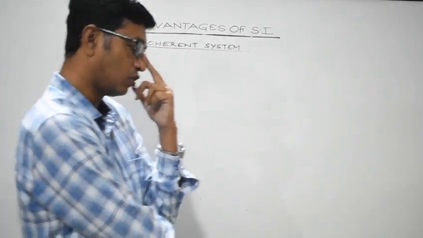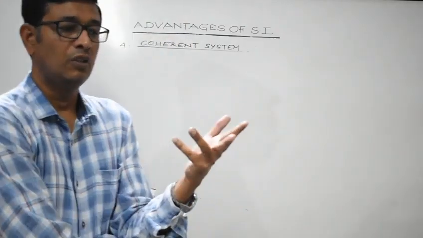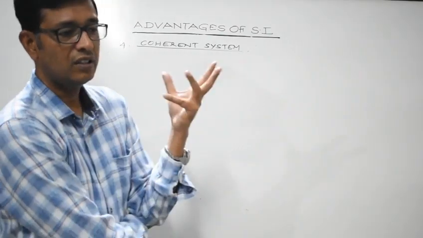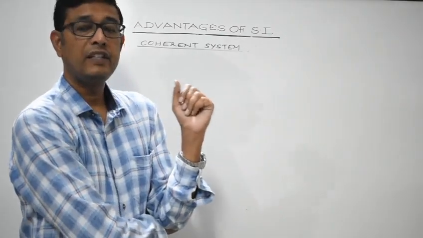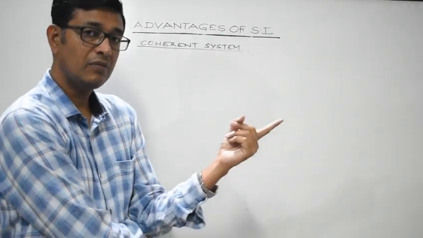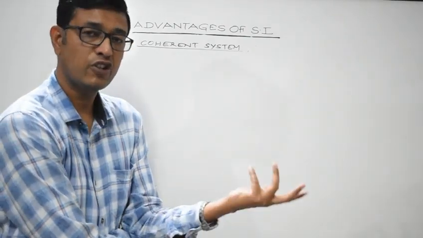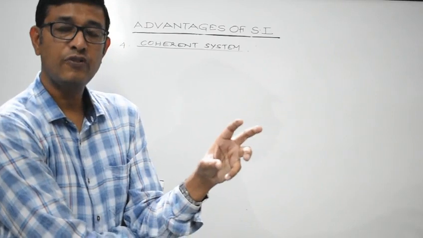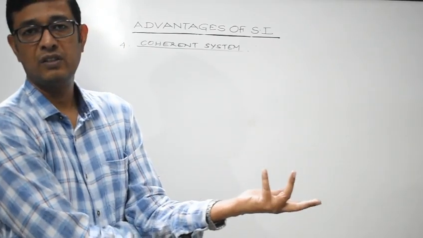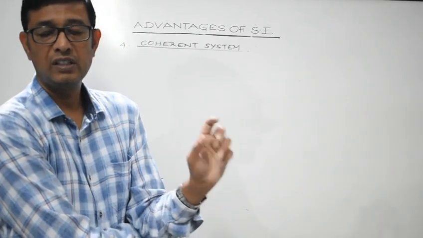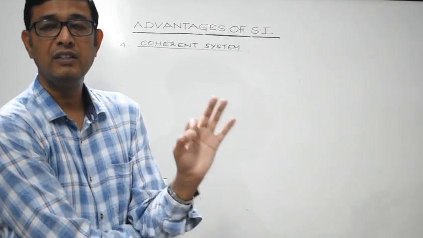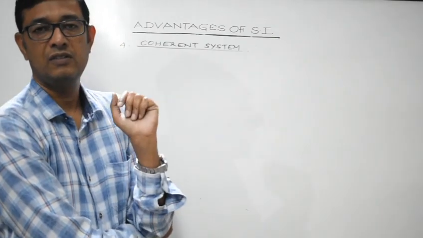Coherent means, co means with, together. So a system is said to be coherent if the derived units of that system are obtained either by multiplication or division of its fundamental units without the introduction of any numerical factor.